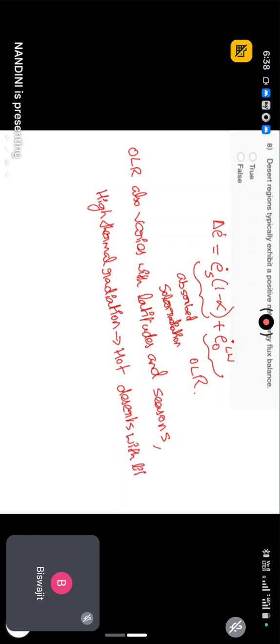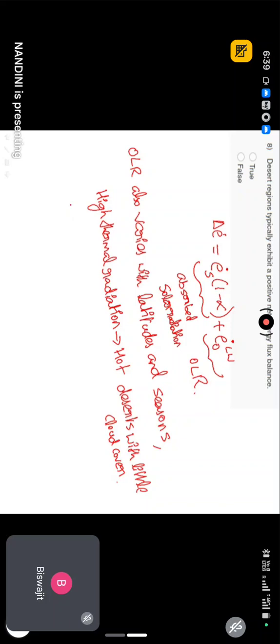The clouds absorb the outgoing long wave radiation, even though they reflect the incoming solar radiation. So it creates a warming towards the surface. If there is high cloud cover, it will be warmer at the surface. So hot deserts with very little cloud cover generally have high thermal radiation.